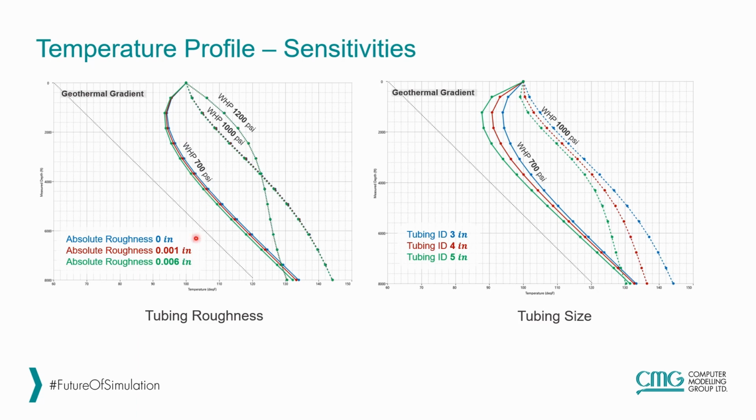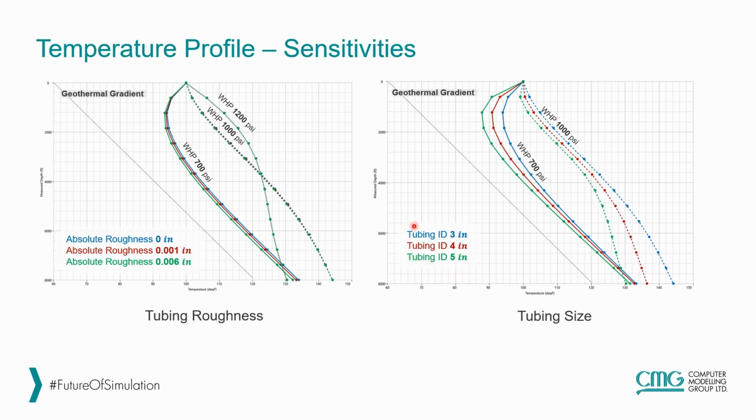Here we see that the change in the roughness of the tubing is not going to have a huge effect on the temperature profile. And this effect is even less when we are increasing the injection pressure. So the heat transfer due to frictional energy loss is not playing a major role in determining the temperature profile.